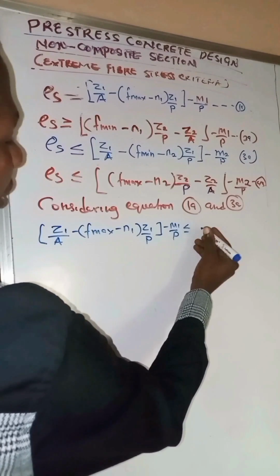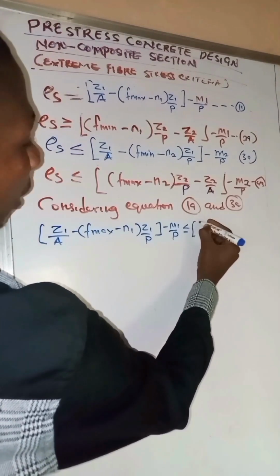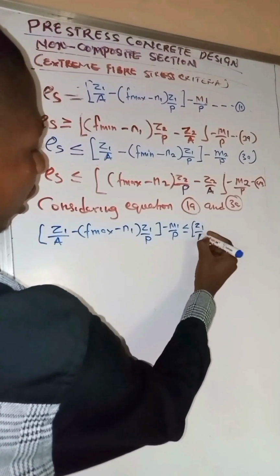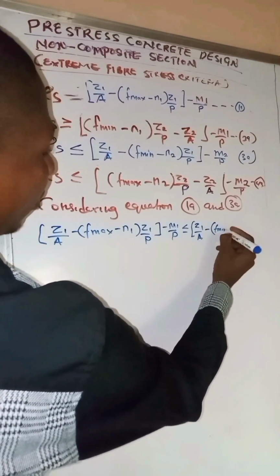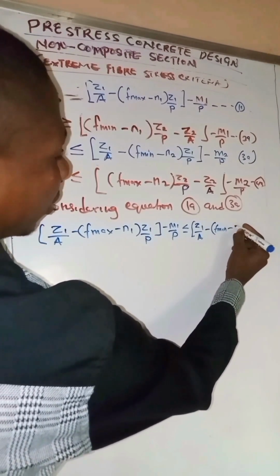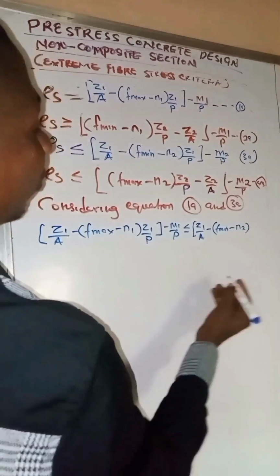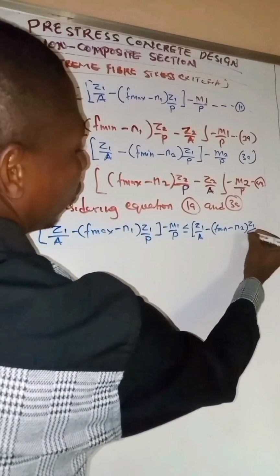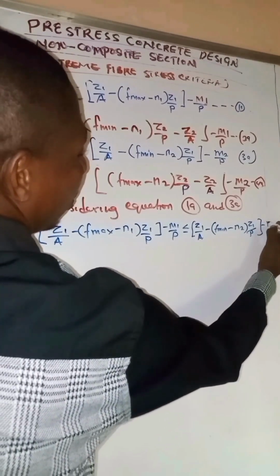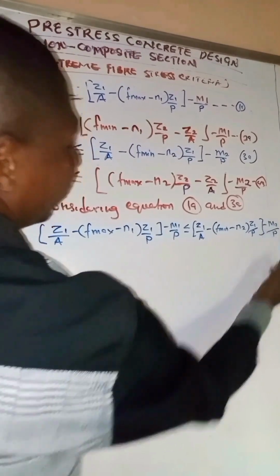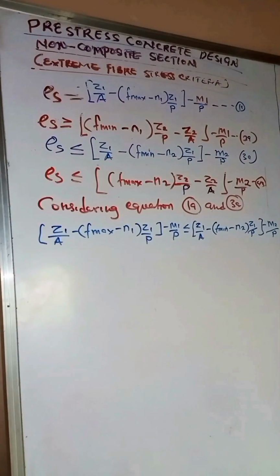We pick equation 3. Equation 3 is Z1 over A minus (F minimum minus N2) Z1 over P, M2 over P. All right. So when we compare equation 1a and 3a, this is what we have.